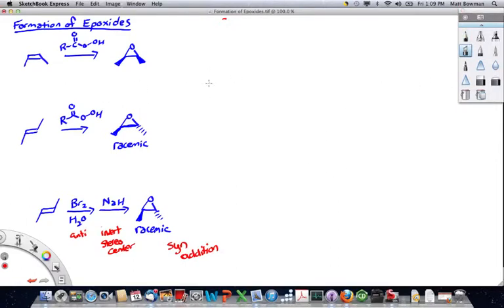If I give you a halohydrin like so, and tell you to treat it with base, like sodium hydride, the hydride will deprotonate that oxygen, or whatever base that you add.